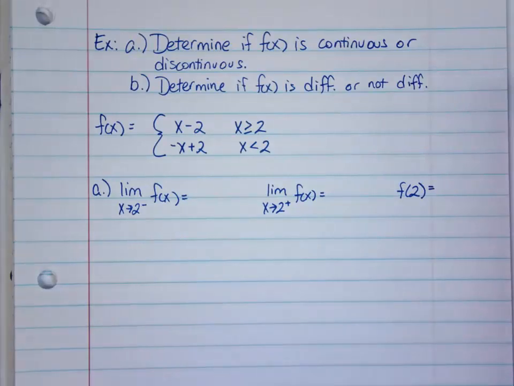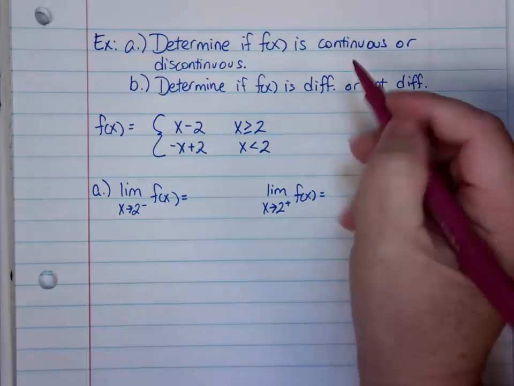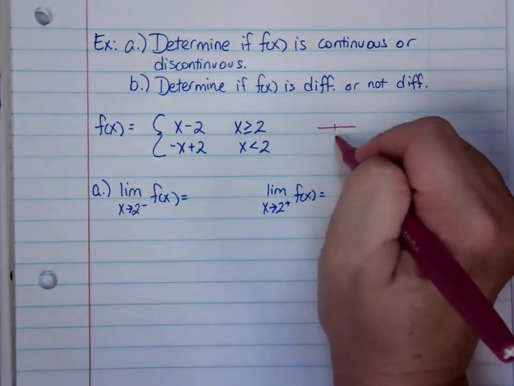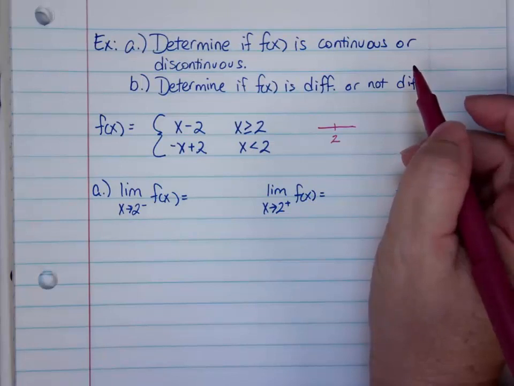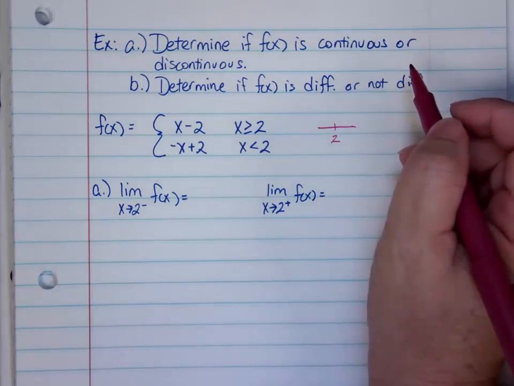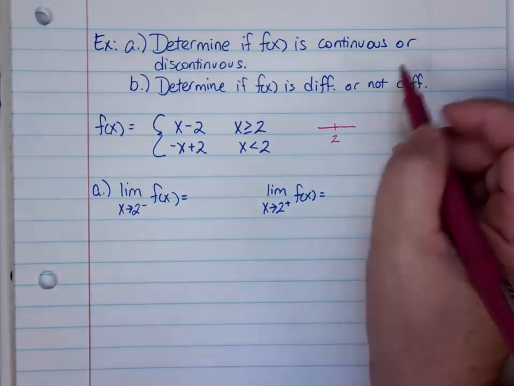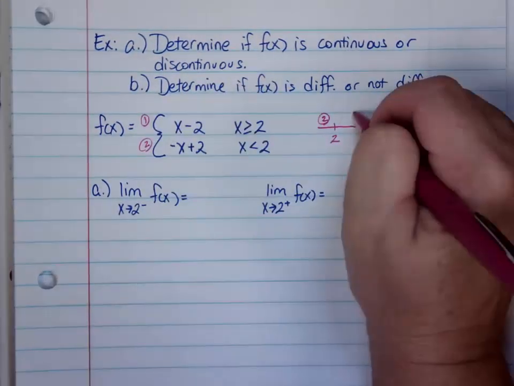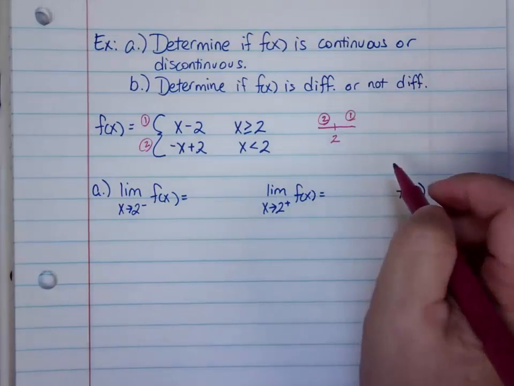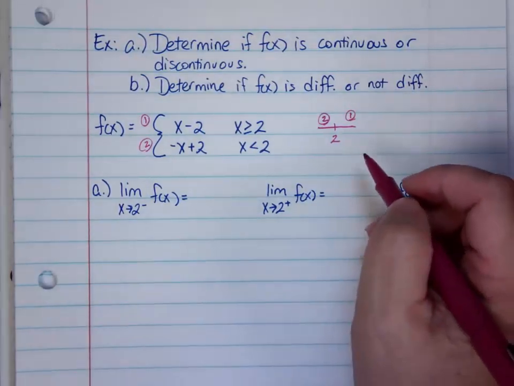All right, for those of you who need the number line, I'm going to go ahead and draw it on here. Here's the 2. Which equation is defined to the left of 2? The second one is. Let's number these real quick. So 1 is on the right. Which one is on 2? 1 is. Okay.